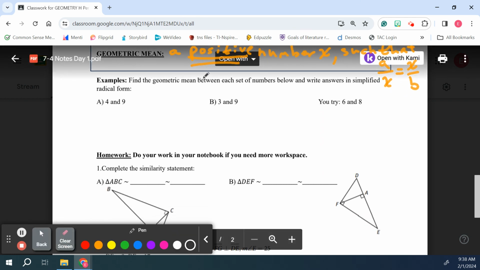It says, find the geometric mean between each set of numbers below and write answers in simplified radical form. What does that mean? Shane? Like the answer for the number outside of this radical? Yeah, which means no decimals. Ouch. All right.